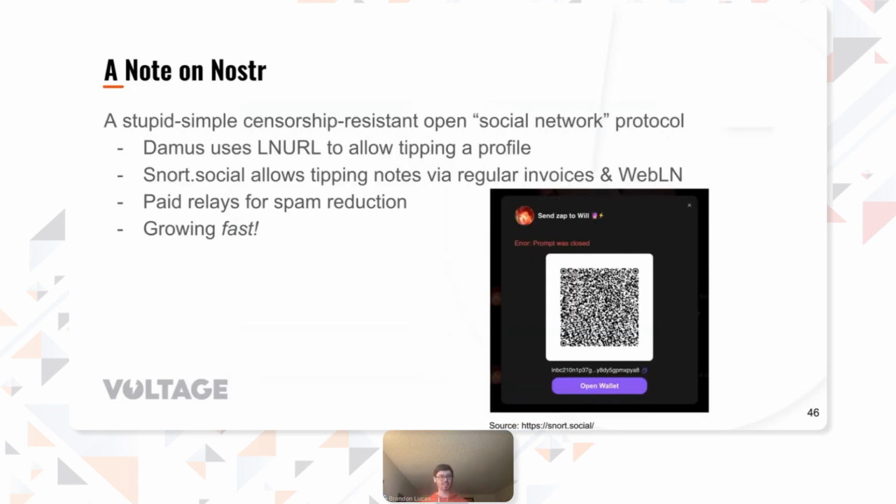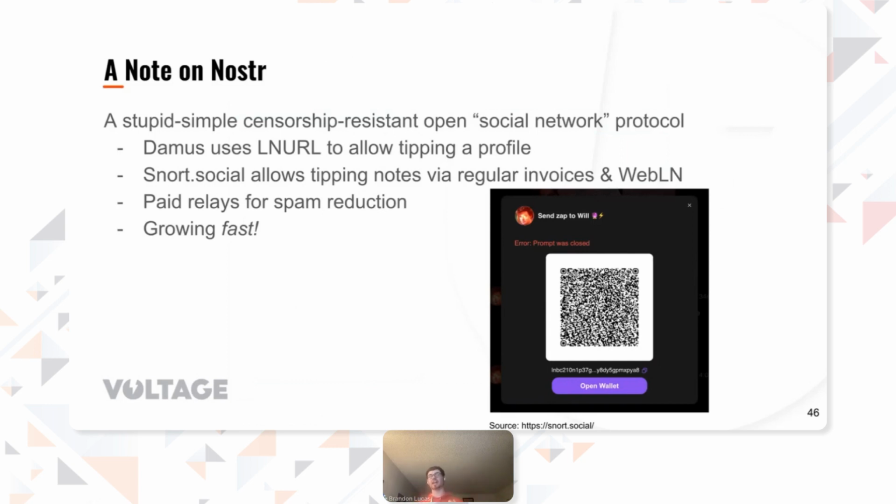Okay, and then I wanted to put in a little note on Nostr here, and the potential for micropayments on that. So if you don't know, Nostr is a stupid simple, censorship-resistant open social network protocol.